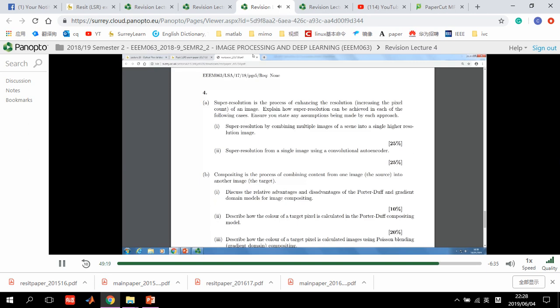So let's start off by explaining how an encoder-decoder network can be applied for super resolution. If I have my image X, and I'm going to use it to train my encoder-decoder network for super resolution, what I'm going to do is downsample my X to some smaller size, maybe by a factor of 3 or 4.